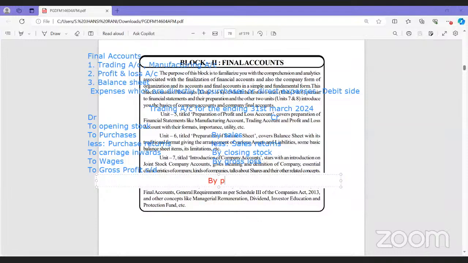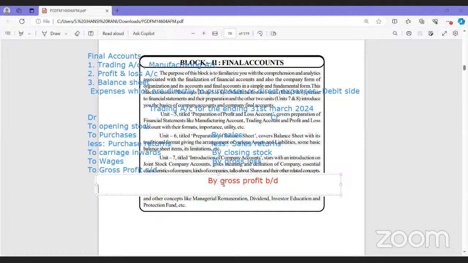We write in the same account. We will not draw any other new account. In the same account only we will prepare trading account and profit and loss account. So this gross profit will be brought down to the profit and loss account. So, by gross profit brought down.